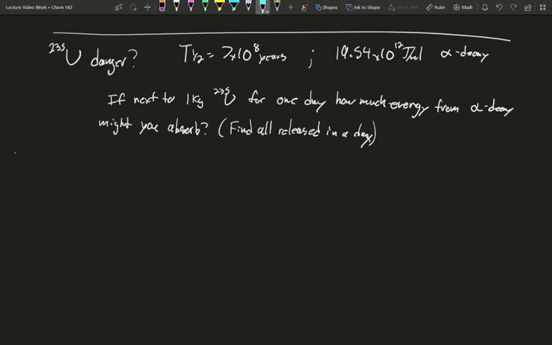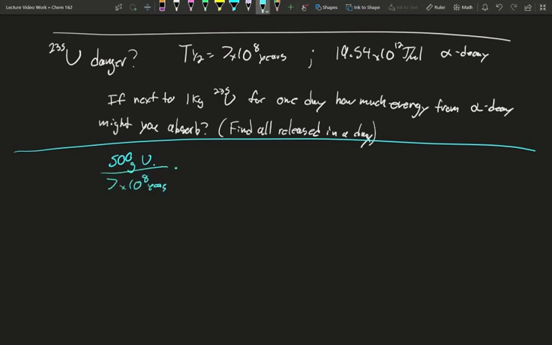Well, you could approximate this with an average. We know that half the uranium is going to be gone in 700 million years. So that would be 500 grams of uranium gone in that time. Well, we could adjust that.